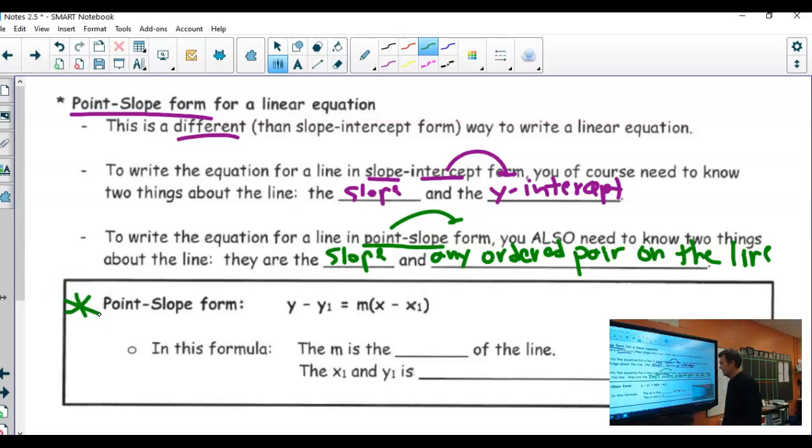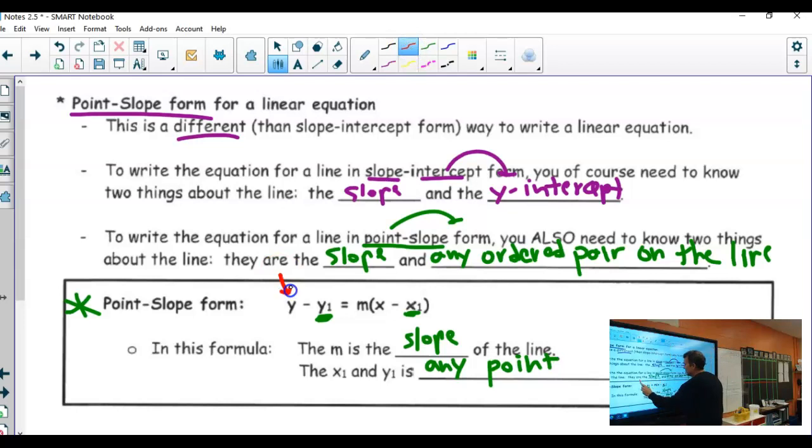In this formula, the m is still the slope of the line. Now, here's where people get a little confused. The x1 and the y1, those are the two values that are any point. The x and the y, these two actually are just variables that stay in the equation.